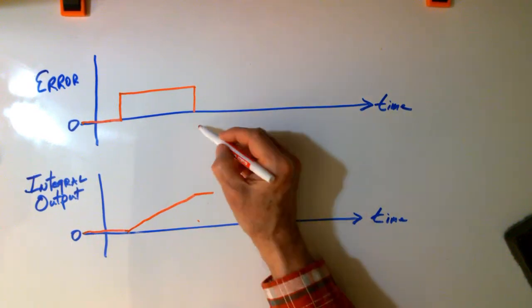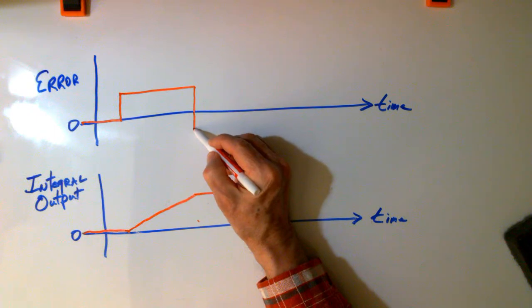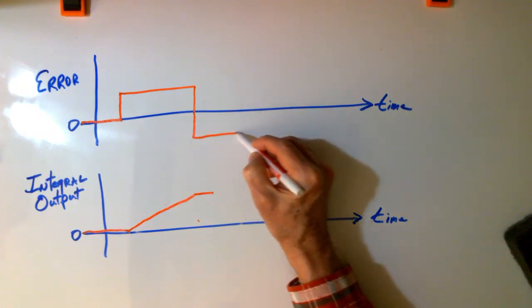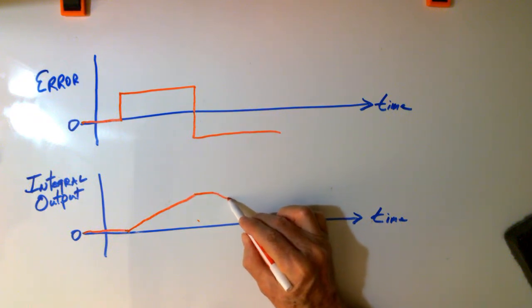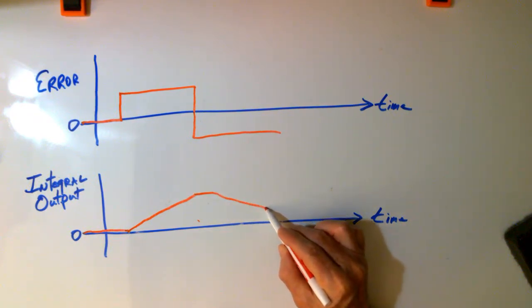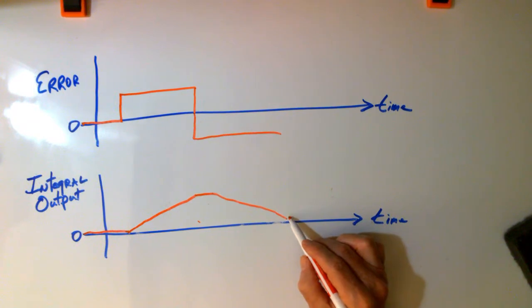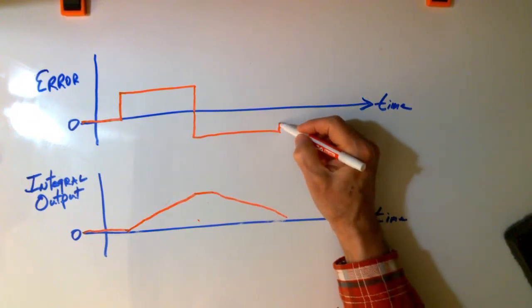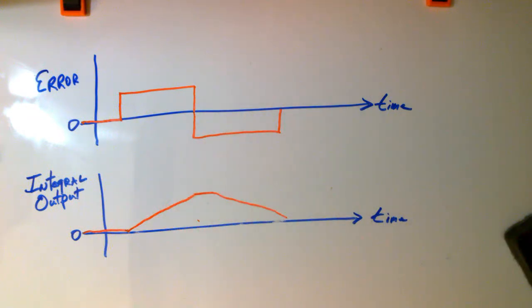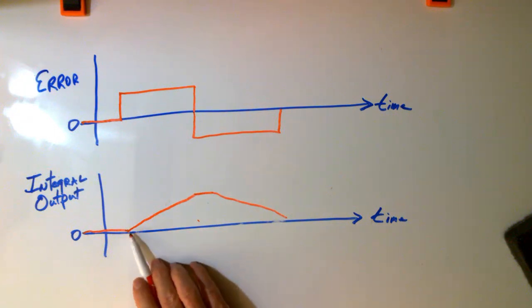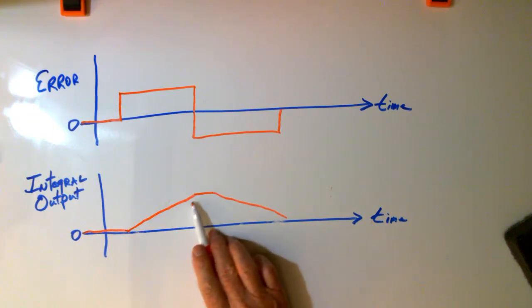Let's say my error goes the other way. Now my integral will start coming down this way, slowly changing the valve, until it pushes the error back. Now then, this is not exact, and it's not meant to be exact. It's just to talk about the integral and for you to know that integration takes place in a ramping form, climbing or declining.